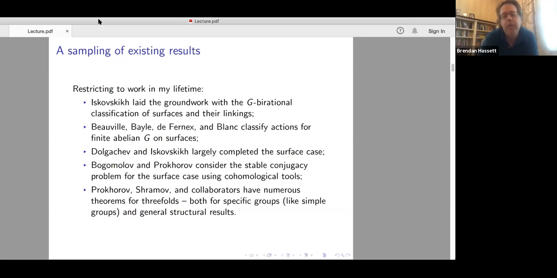And for threefolds, there's been a huge amount of work. It would be 4 slides just to list the papers. And so I really can't do it justice. But Prokhorov, Shramov, and collaborators, they have a huge wealth of results on threefolds. There's beautiful results on very specific groups, especially simple groups.